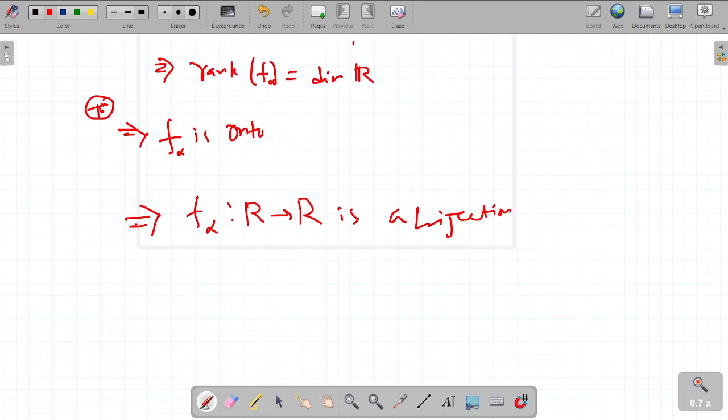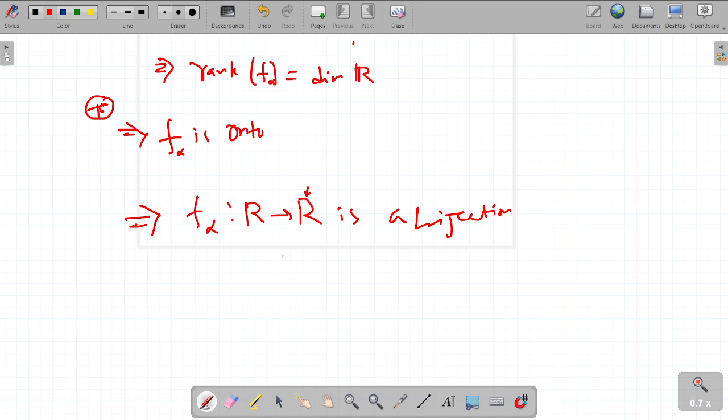What does bijection mean? Bijection means that for every element in the set R, there exists an element here, let's say r dash, such that f of r dash equals r.